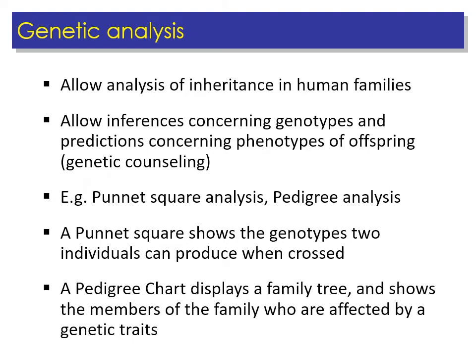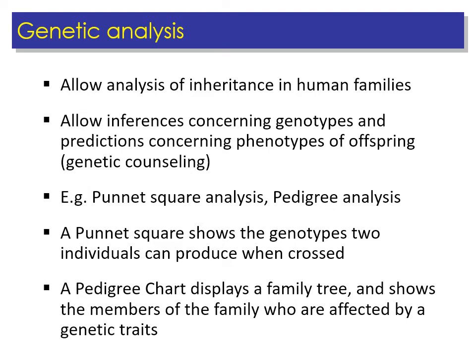Genetic analysis allows analysis of genetic inheritance in human families. This is very useful, especially for married couples who have a family history of certain genetic disorders. They might want to go for genetic counseling to determine the probability to have a healthy and unaffected baby.